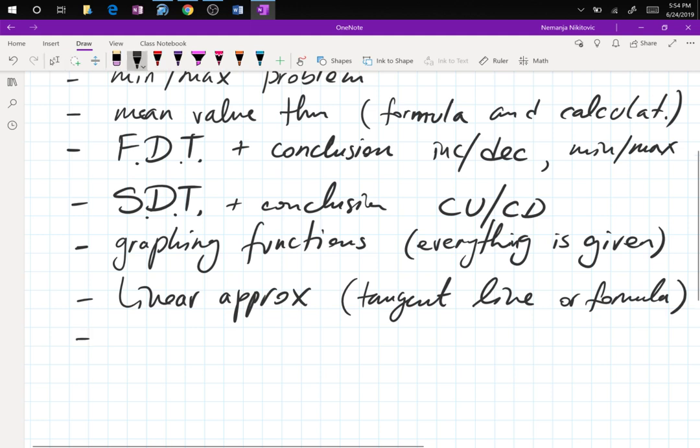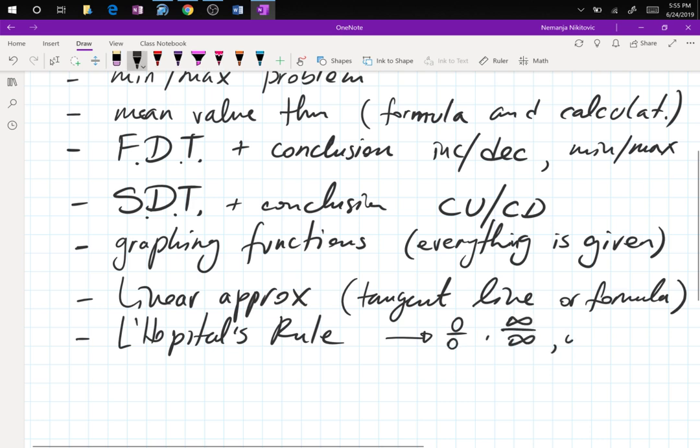Skip over there. There's L'Hopital's rule. And we have 0 over 0, infinity over infinity, 0 times infinity, and then the exponential stuff.